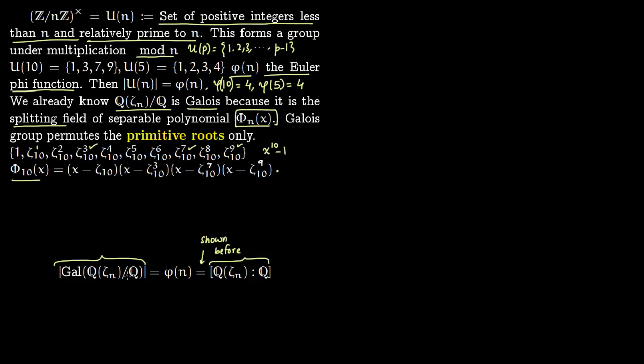So the size of the Galois group is precisely varphi of n, and this comes from our cyclotomic polynomial being separable. So now this gives us a clue that the size of this group is varphi of n and the size of this group is varphi of n.